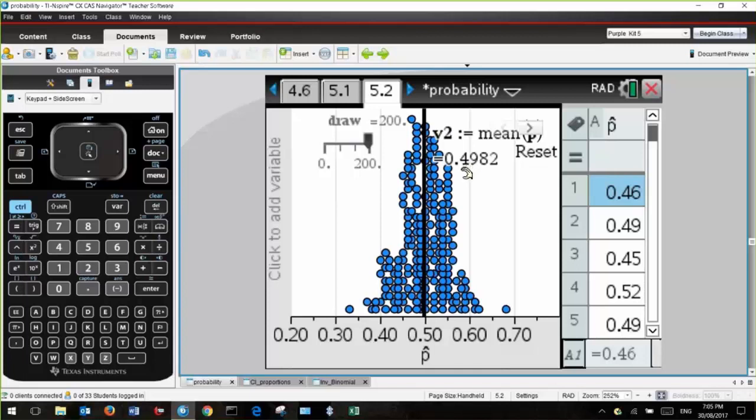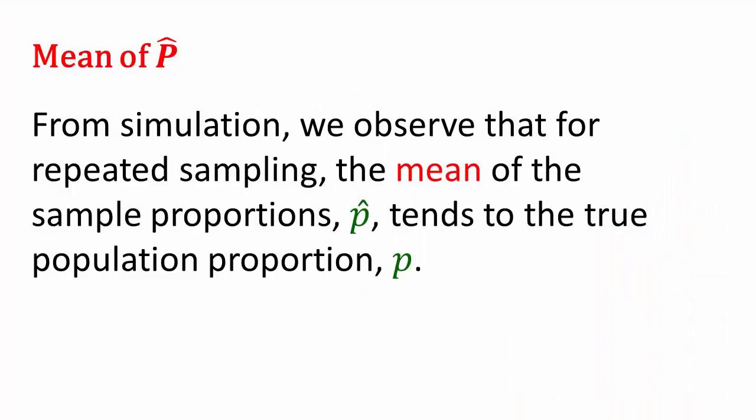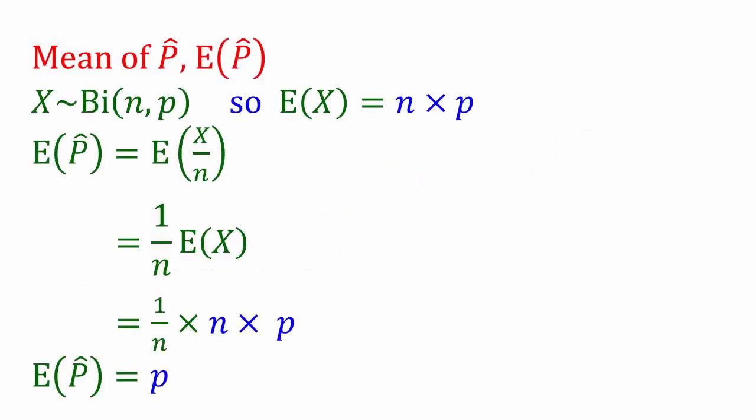In this case, in this simulation, from repeating the sampling 200 times, it's 0.4982, very, very close to the true population proportion of 0.5. So from the simulation, we observe that for repeated sampling, the mean of the sample proportion p hat tends to the true population proportion p. And we can use some algebra to get that.